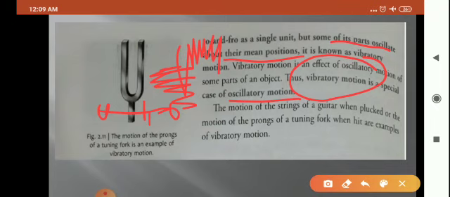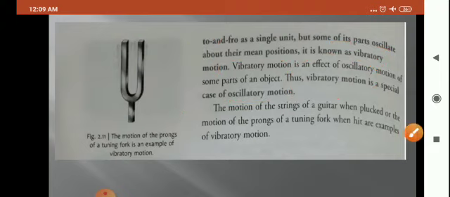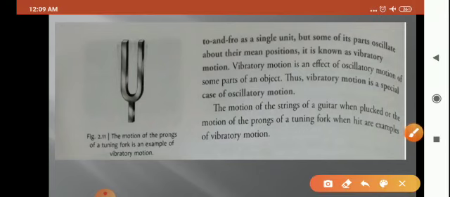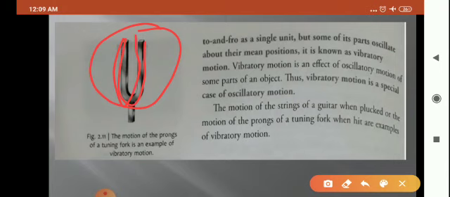I am telling you how you can do this. One more example is given here: the tuning fork. This is your tuning fork. When this tuning fork is hit against something, it starts vibrating. You can see the vibration here. Not the whole of this part is moving, only some part starts oscillating.